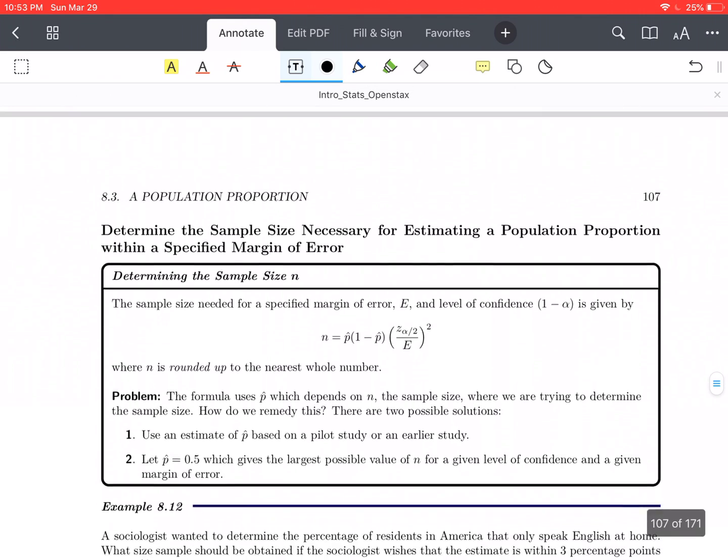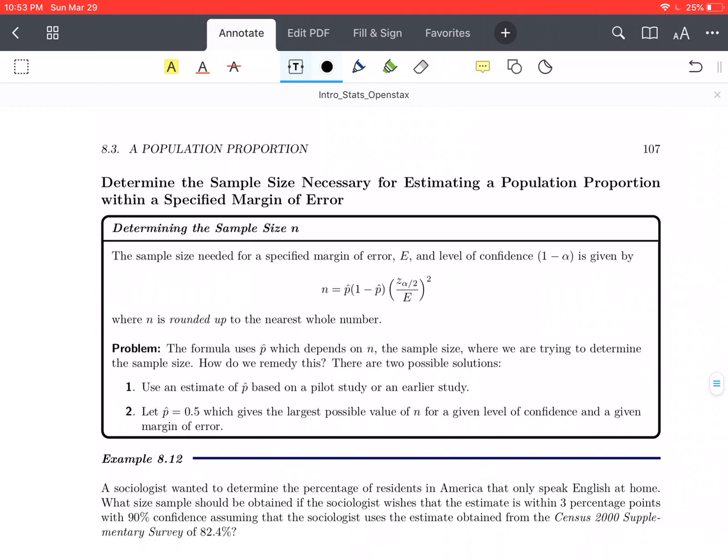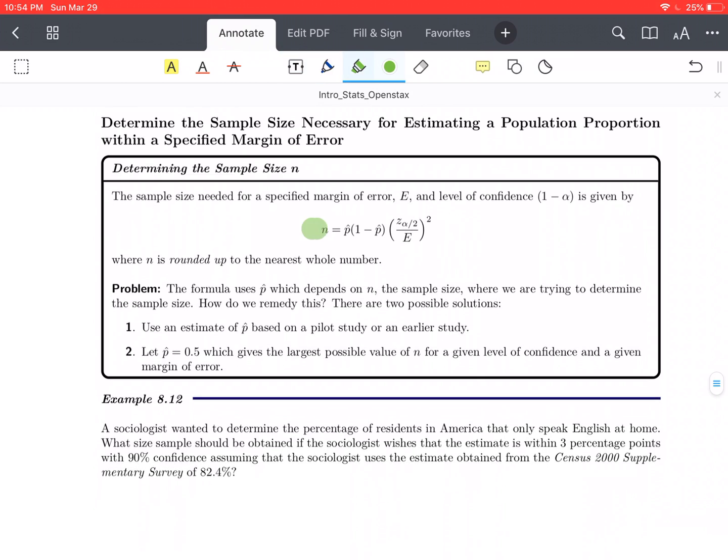And then for this last page, similarly to what we did in the last section, we can find how large our sample size has to be in order for us to have a particular margin of error and a particular level of confidence. So in order to do this, we're going to use this formula. It's similarly designed to the previous one.